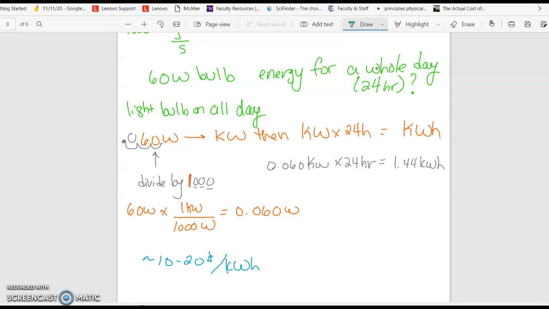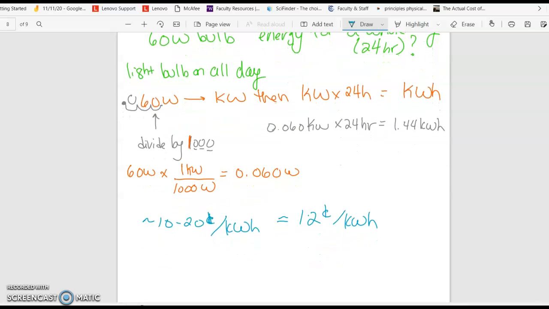So this is what it would actually cost the end consumer at that moment in time. We pay for lots of other stuff in lots of other ways. Okay, so the average I found whenever I try to do these mock calculations is 12 cents per kilowatt hour. So that's what I'm going to use. Of course, it will vary.